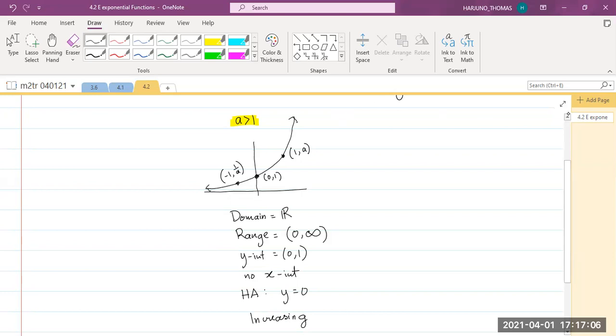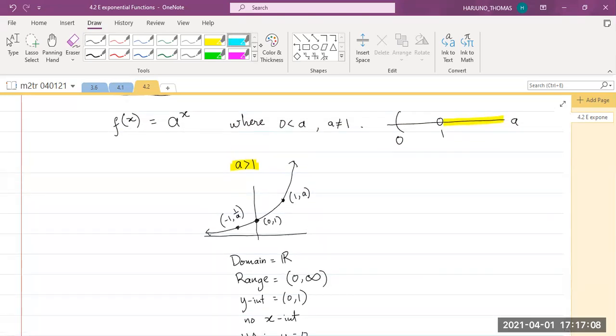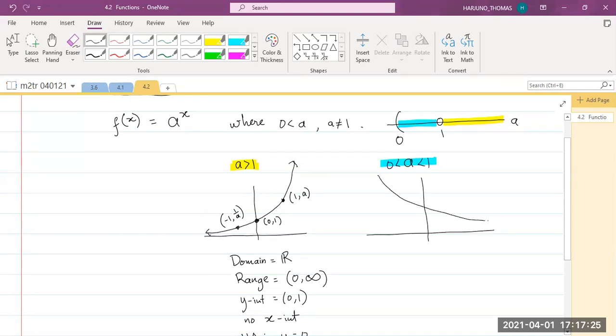Now, if the base is between 0 and 1, then the function will be decreasing, yet still positive. The y-intercept is still (0, 1).